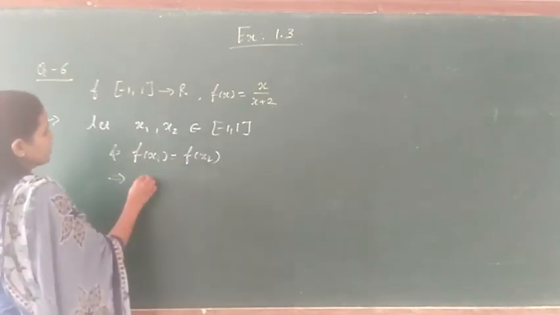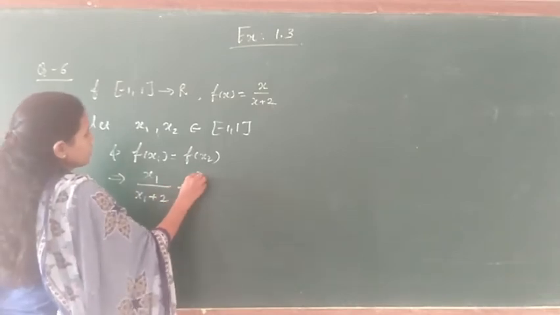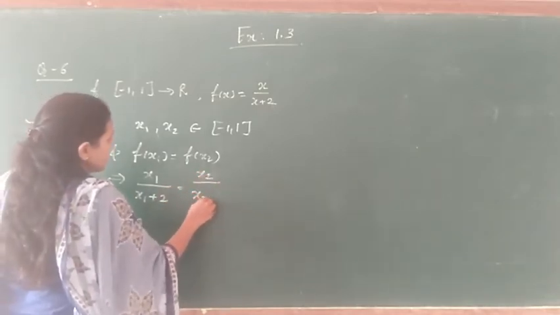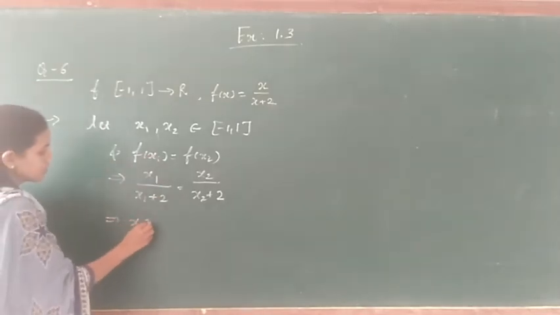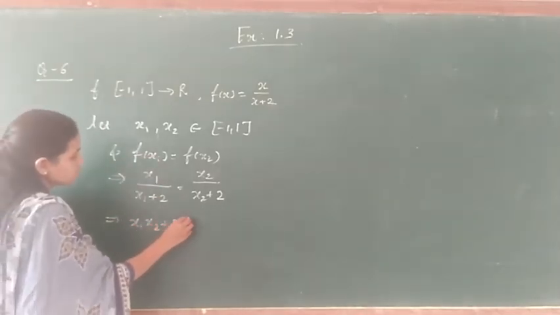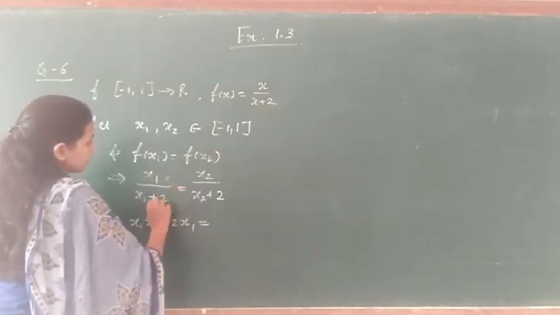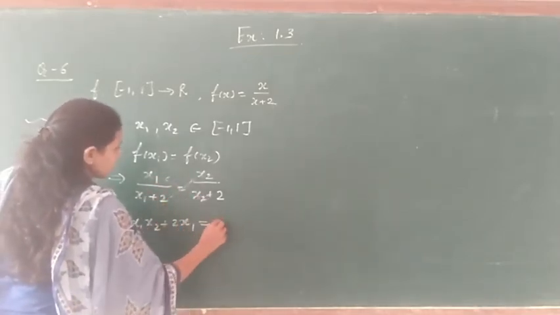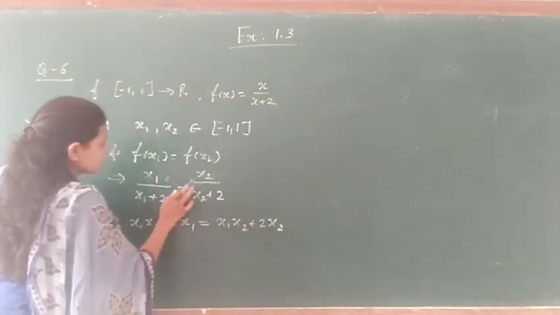So f of x1 can be written as x1 upon x1 plus 2, equal to x2 upon x2 plus 2. Now let me cross multiply. So it is x1 x2 plus 2 times x1 equals, multiplying this with this, x1 x2 plus 2 times x2.